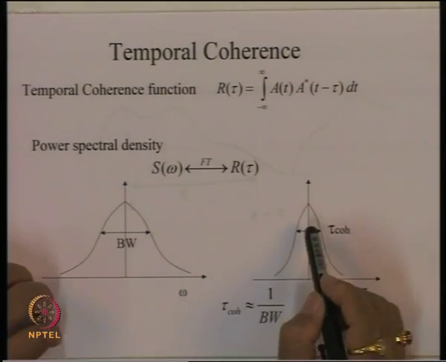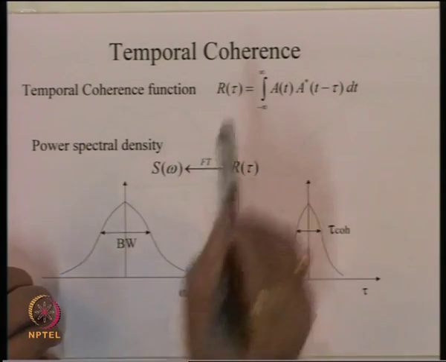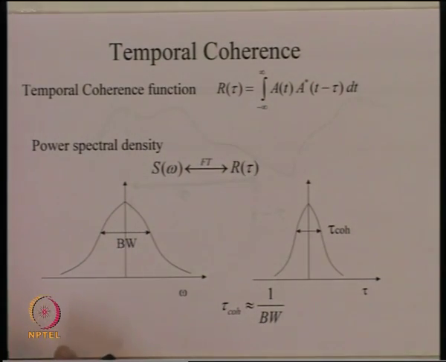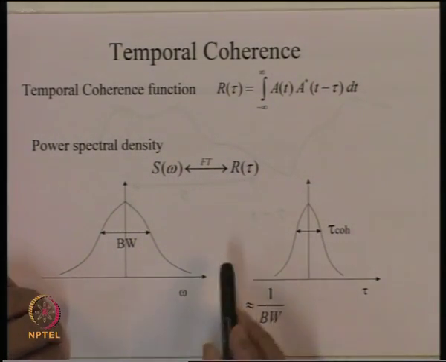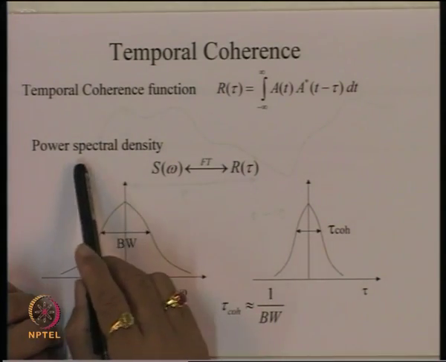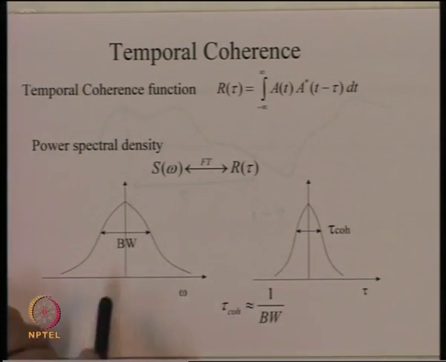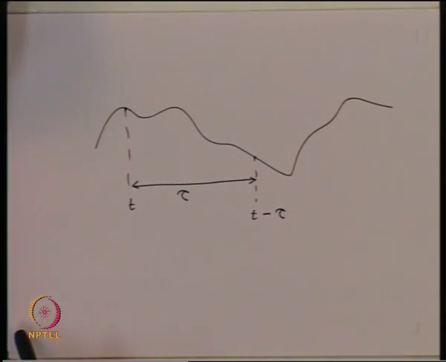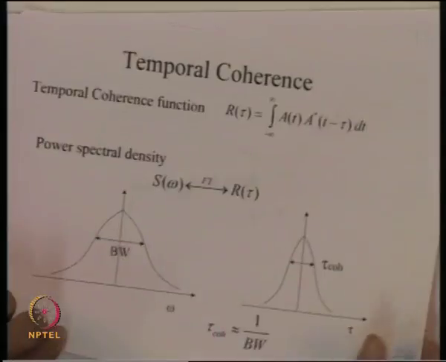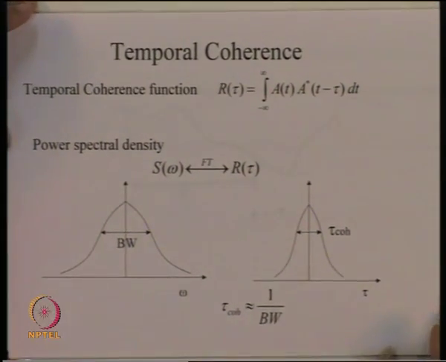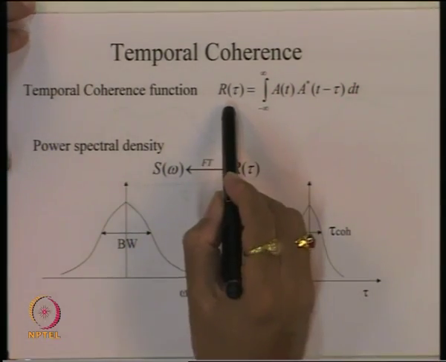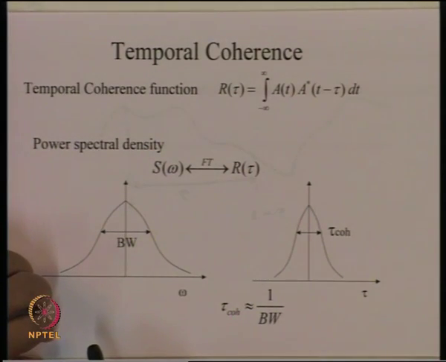One can ask, what is the use of this temporal coherence function? One can show that if you calculate the spectral power density of this signal, then the spectral power density is related to this coherence function through a Fourier transform relationship.